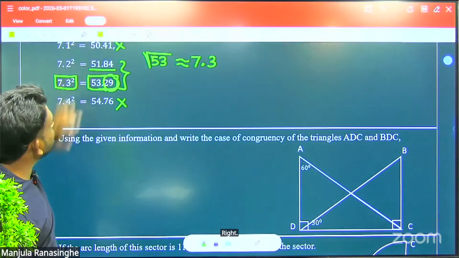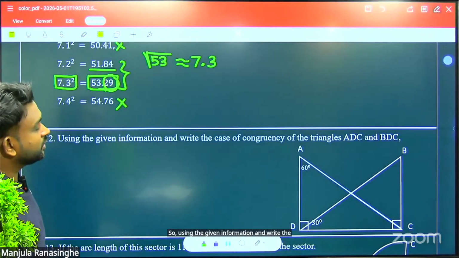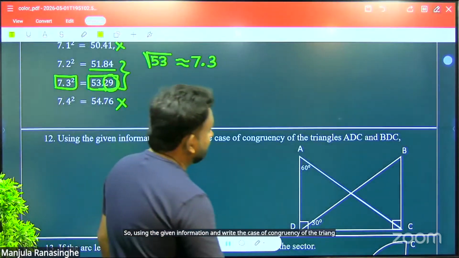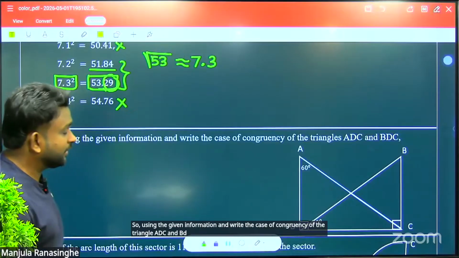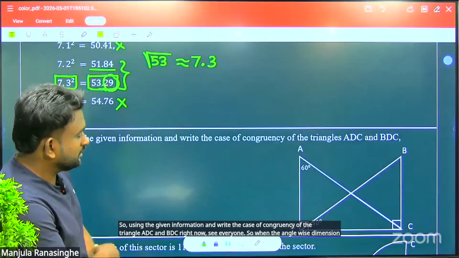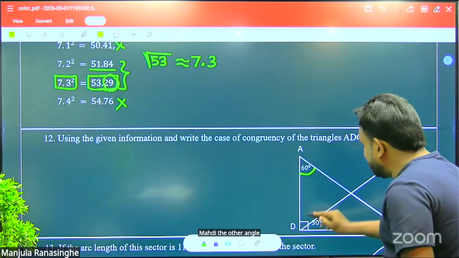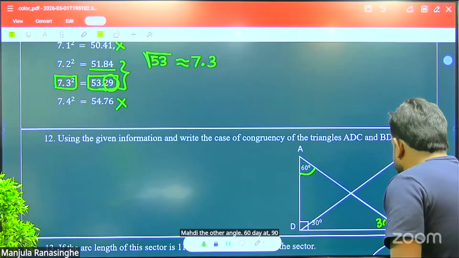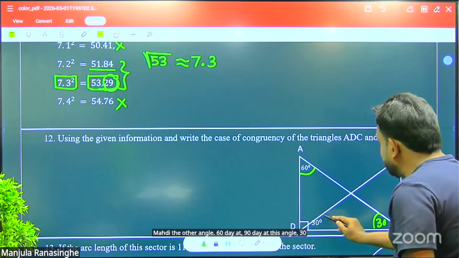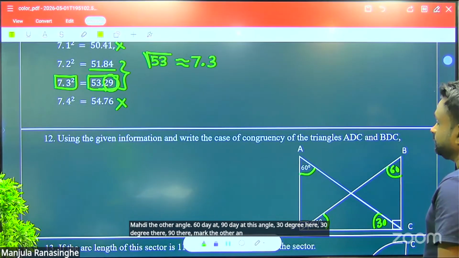So using the given information, write the case of congruency of the triangles ADC and BDC. Right, now see everyone. When the angles are mentioned, mark the other angle. 60 there, 90 there, this angle 30 degrees. Here 30 degrees there, 90 there, mark the other angle 60 degrees.